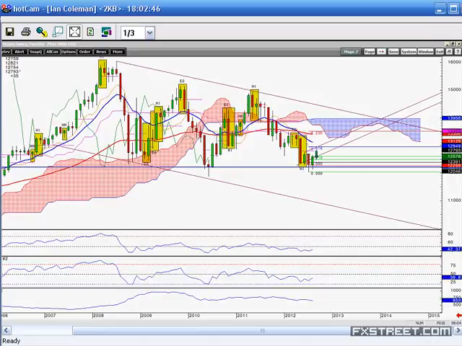We've got a cloud formation, and some exponential moving averages, which I use not for crossovers but for a bias. I try and trade with the trend, but I'm also wary of when the trend ends.